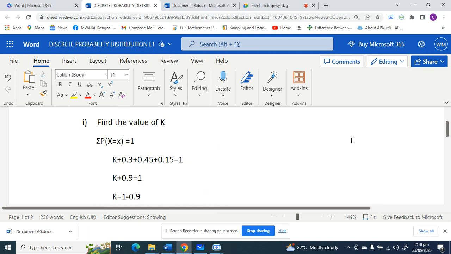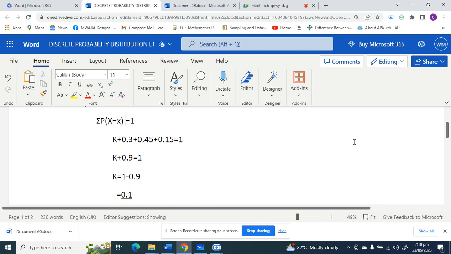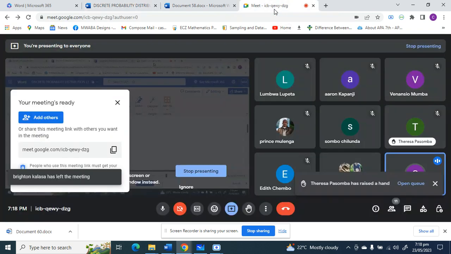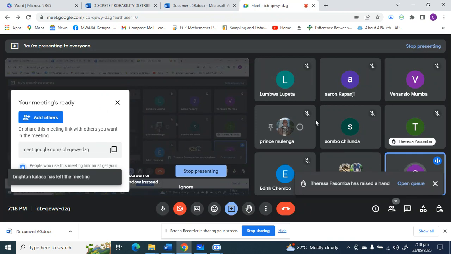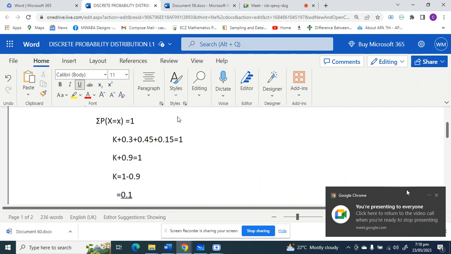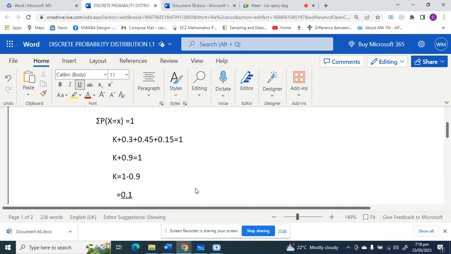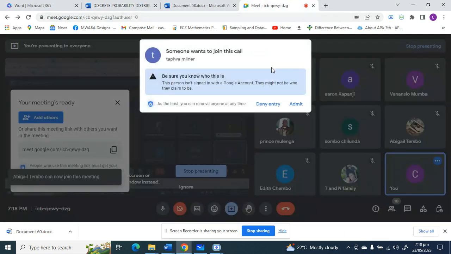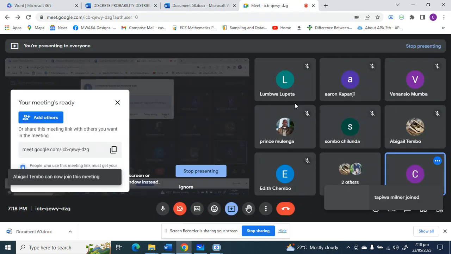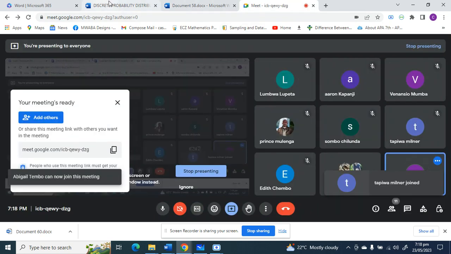Are we okay with this tabulation here? Who was it who spoke? Madam Teresa? Yes, Madam Teresa, are we okay with this? Yeah, she left the meeting. Okay.